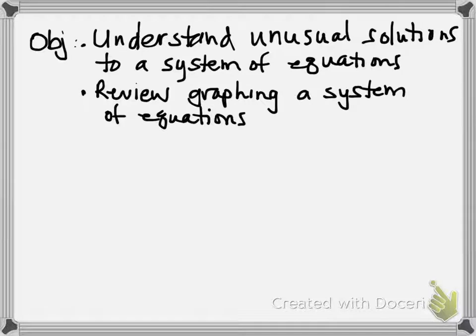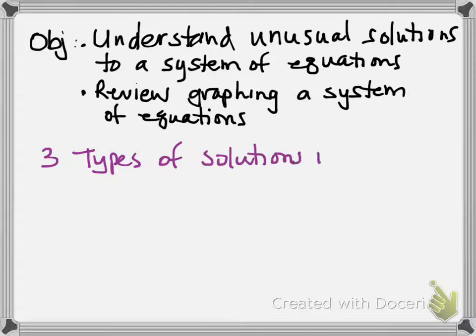All right, so we do have three types of solutions in a system. The one that you guys practiced last night was there was one ordered pair that they had in common.